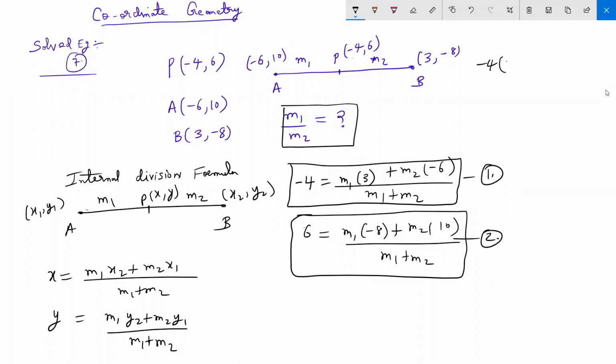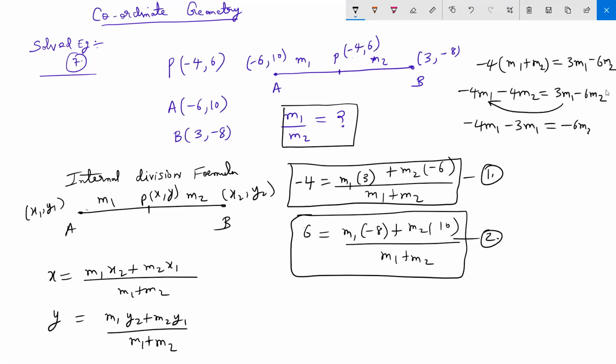So -4 will be multiplied by m1 plus m2 as per transposing, and the right hand side will be 3m1 minus 6m2. So -4m1 minus 4m2 is equal to 3m1 minus 6m2. Now like terms will be taken together. So it will be -4m1 minus 3m1 and -6m2 plus 4m2.